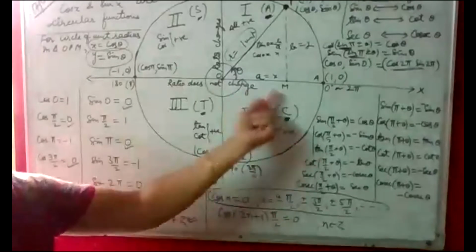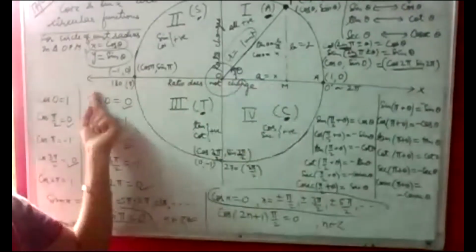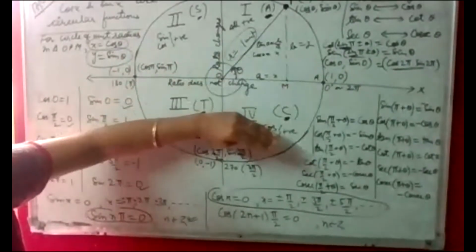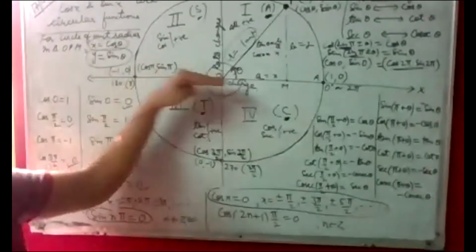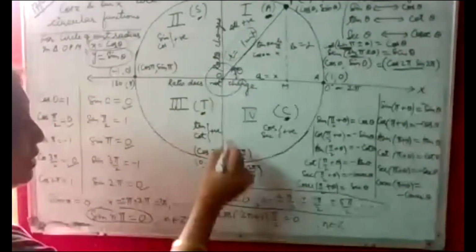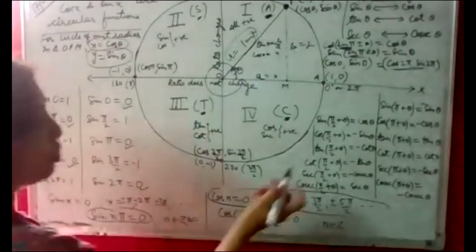And when you are changing it with respect to the x-axis, that is pi minus, pi plus, or 0 minus, 0 plus, or 2 pi minus, 2 pi plus, the ratio does not change. The ratio will remain the same, only the signs will change. And in case of the y-axis, the ratio will also change, and accordingly, as per the quadrant, the signs will also change. So let us see, remembering these things, how are we going to change this?